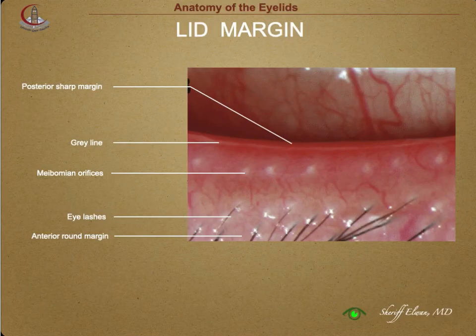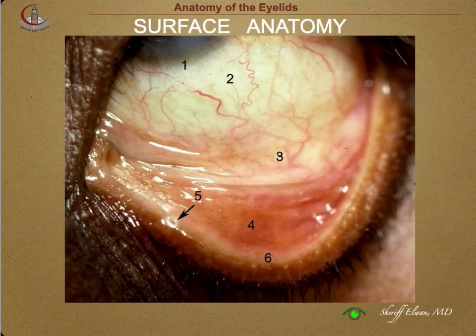On viewing the lid margin, you can see the posterior sharp margin, the gray line, the meibomian orifices, which are like white dots, and then the eyelashes with their healthy known direction, carried on the anterior rounded lid margin.